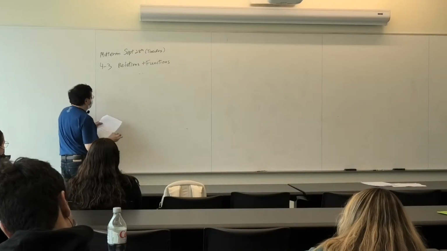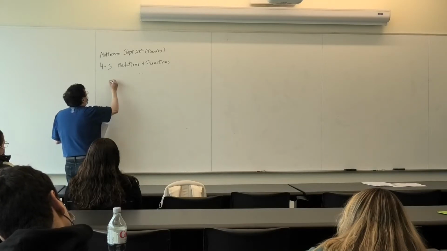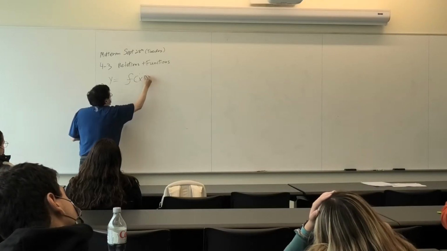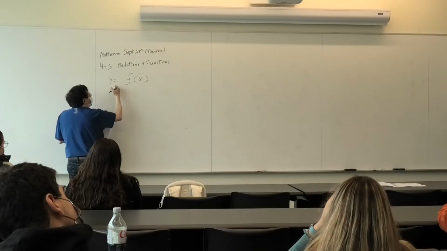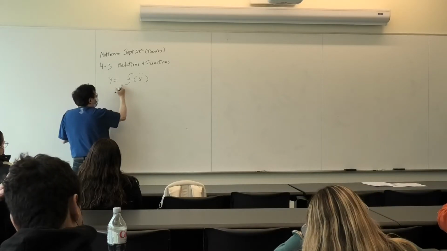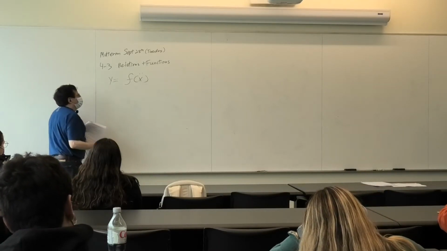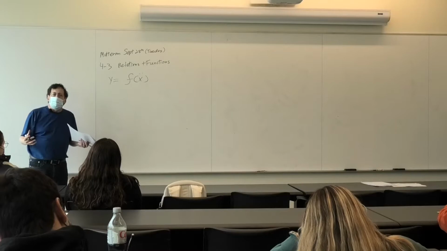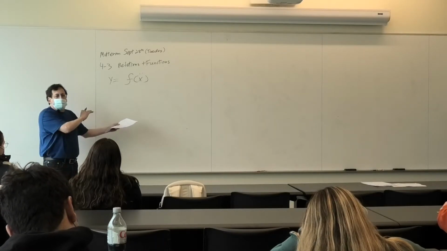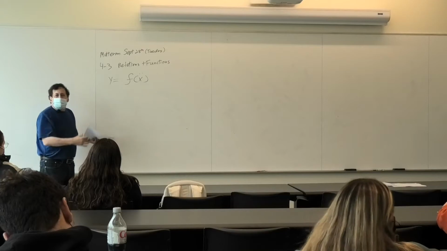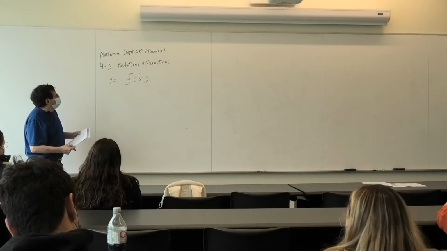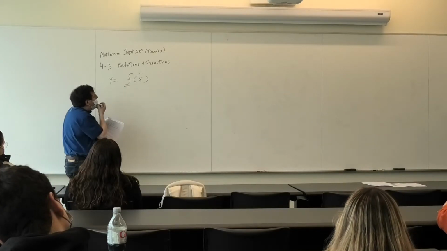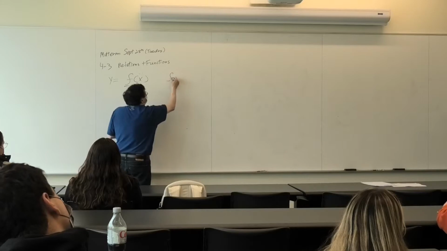When we talk about a function, we often will write it and use a curly f. So this says y is a function of x. There's some formula I haven't specified. It could be a formula, or just a mapping, or you could think of it as some kind of number machine. If I put in an x, I'll get out a y. And this is very common. Sometimes we'll just write the f.